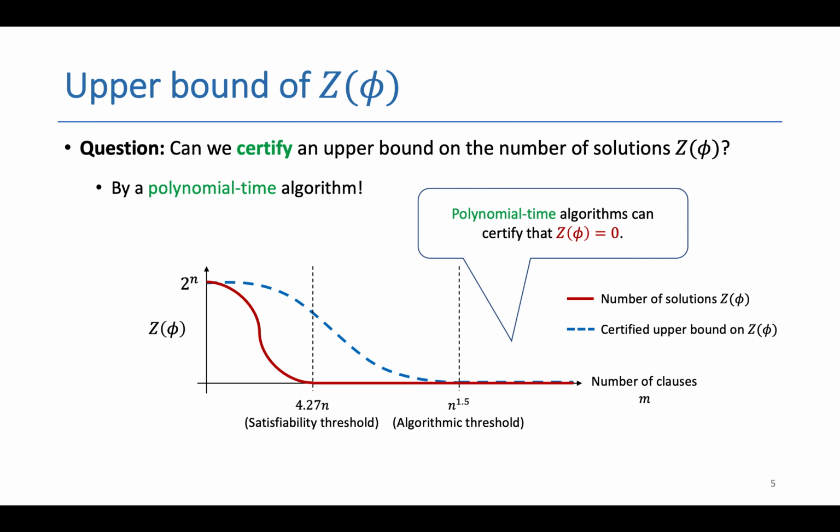But let's say you are in the regime between the satisfiability threshold and the refutation threshold, then what can you say? In that regime, we know that with high probability the formula is going to have 0 solutions, but from the lens of a polynomial time algorithm, we don't necessarily know that.